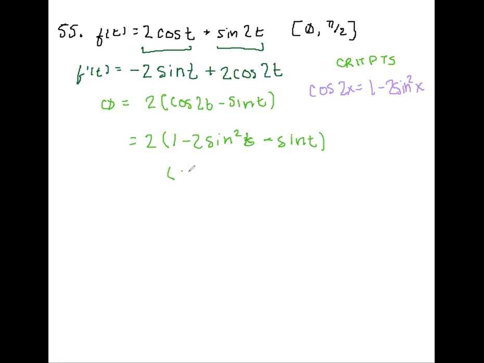Or if we set this up, this would be 2 minus 2 sine squared t minus sine t plus 1, which looks really grody, but if I call it something like minus 2x minus x plus 1, you might actually have a shot at changing this into something that's a little bit more manageable.